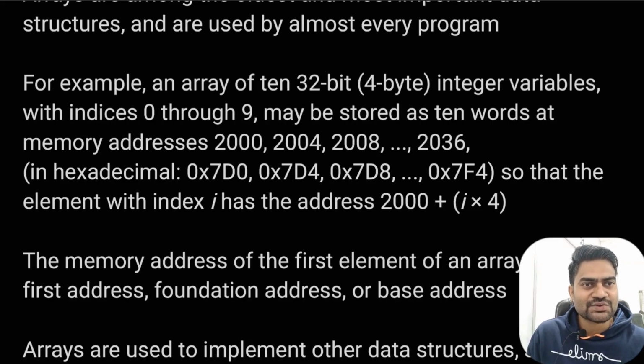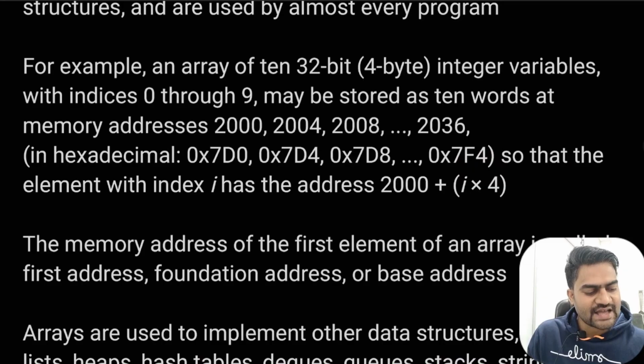Assume we are storing these 10 words at memory addresses starting from 2000 and going till 2036. In hexadecimal, it is 0x7d0 till 0x7f4, so that the element with index I has address 2000 plus I times 4.